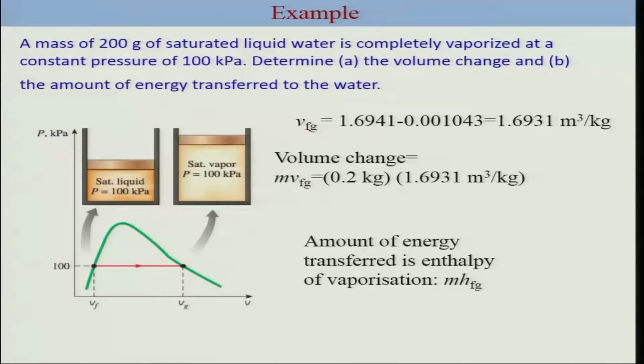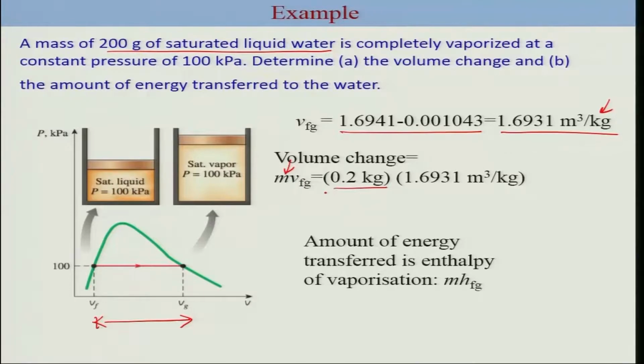We find the difference because we wanted the change in the volume, but this is per unit mass. So we need to multiply this value, which we found from the table, by the mass of the saturated system, which is given as 0.2 kg, and thus the total volume change can be calculated. So that's part one, how to find the volume change.